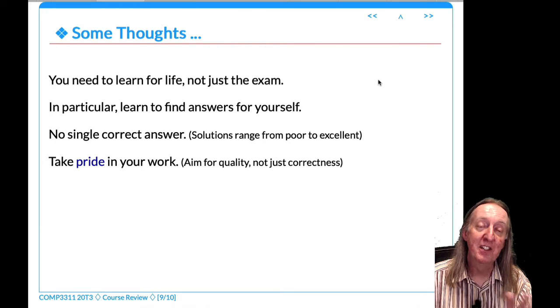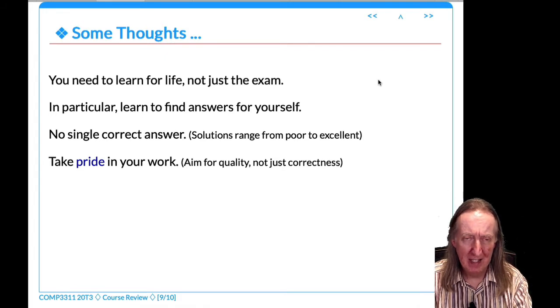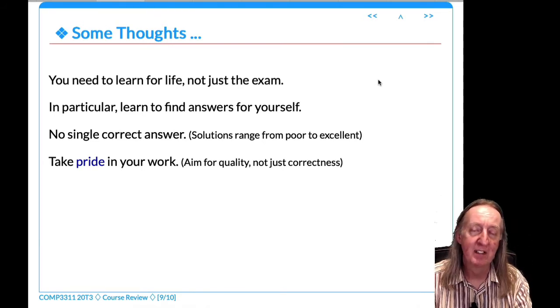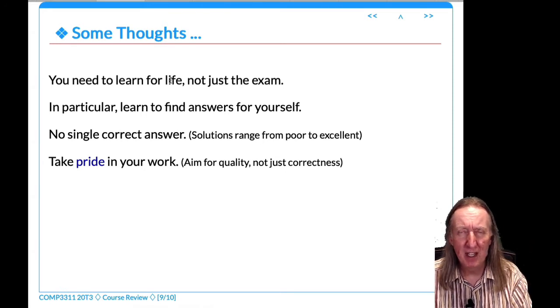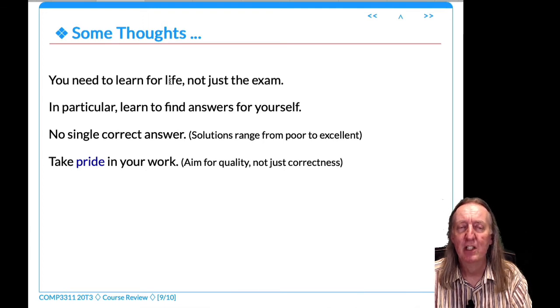Okay, well, this is the final lecture, so we get to espouse some homespun philosophy. One thing, it's a bit late to tell you this now, but what you should have been doing during the term is learning stuff that you're going to remember, and not just, let's do the assignment and then we can cram for the exam. You really need to remember this stuff, and particularly for the database course, you're likely to be dealing with databases quite a lot in your future career.